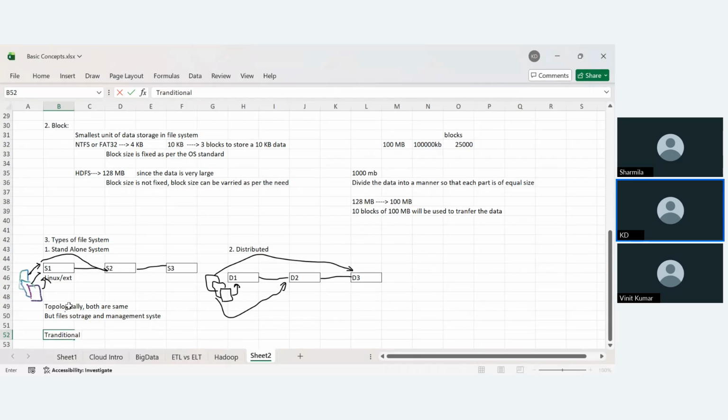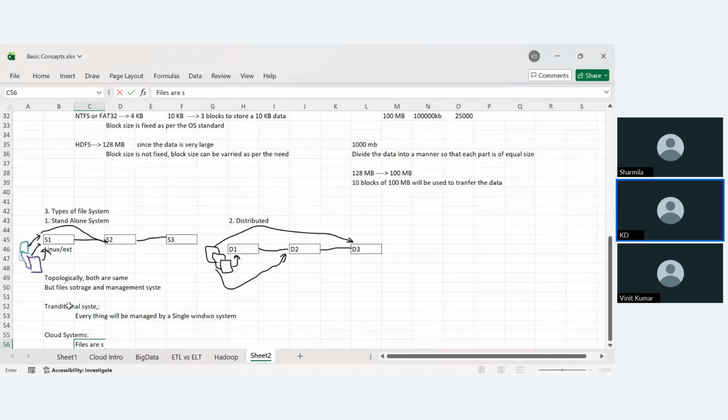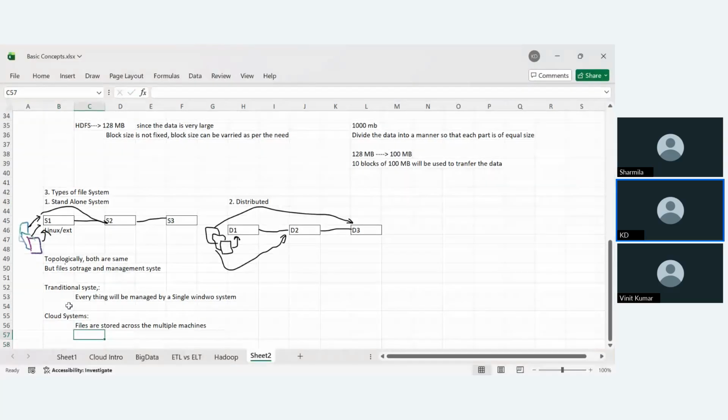Under the traditional system, everything used to be managed by a single window system. But in the modern system, in cloud systems, files are stored across multiple machines, and these multiple machines are responsible for their own data storage.